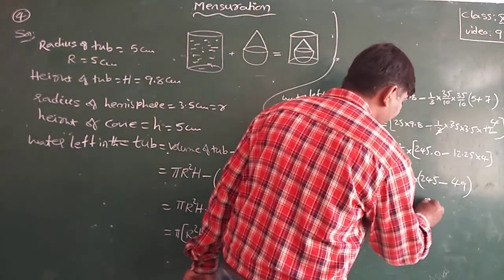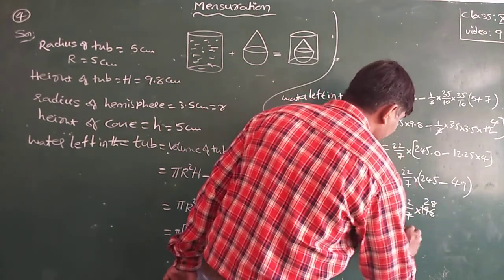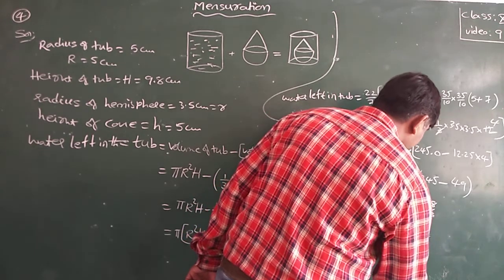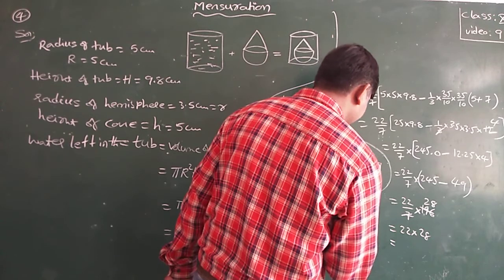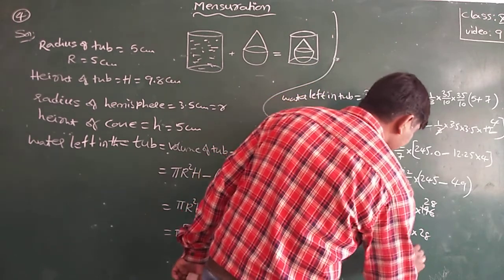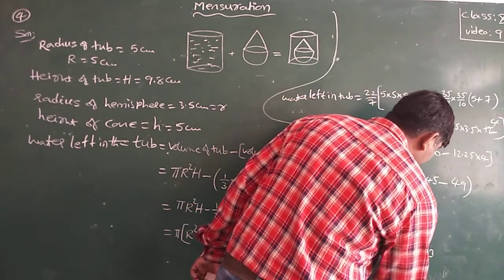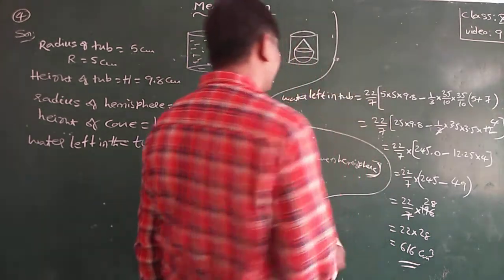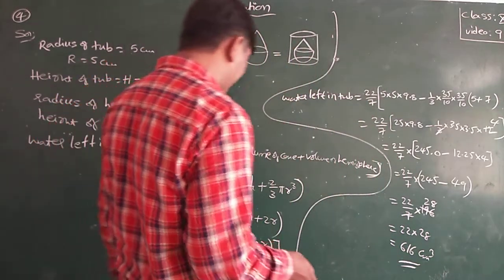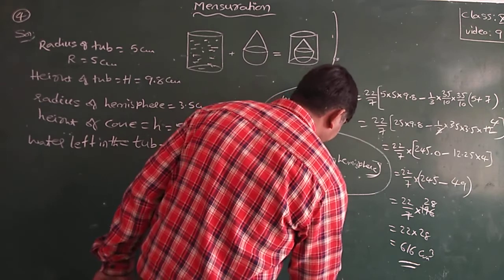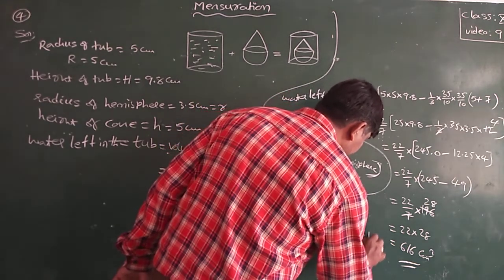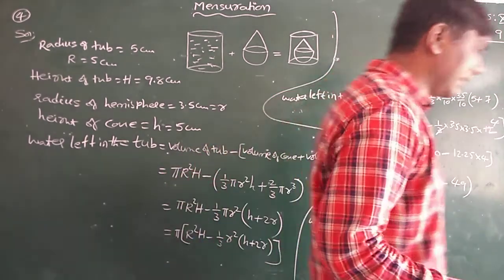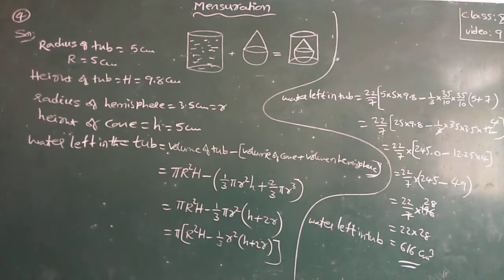Now 7 twos are 14, 7 eights are 56. Now 22 into 28 is 616 cubic centimeters. In this topic the calculations are lengthy, but be careful here. Water left in the tub is equal to 616 cubic centimeters.